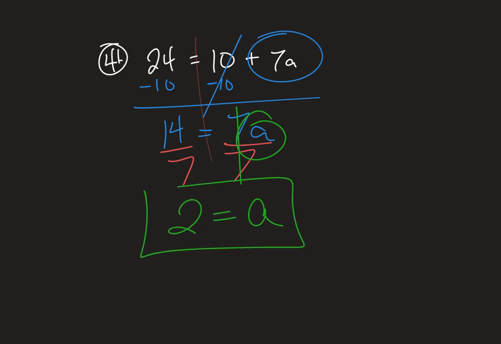Okay, checking this last one. We're going to plug in the 2. I mean, really, this one is kind of easy to the point where we could just point. 7 times 2 is 14. 14 plus 10 is 24. 24 equals 24. So we are happy about this one as well.